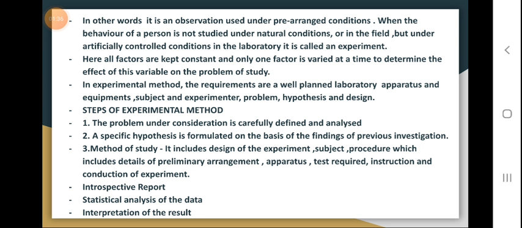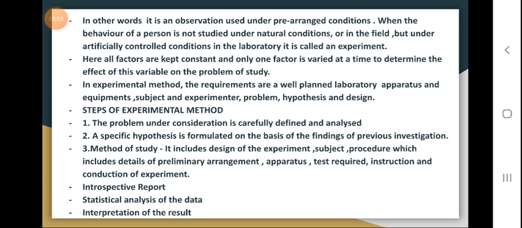Here, all factors are kept constant and only one factor is varied at a time to determine the effect of this variable on the problem of study. In experimental method, the requirements are a well-planned laboratory apparatus and equipments, subject and experimenter, problem, hypothesis, and design.